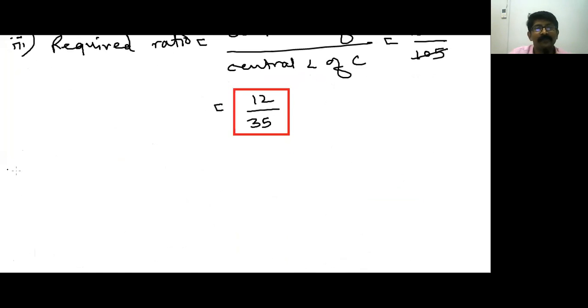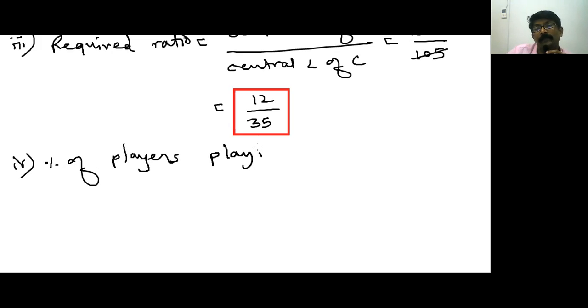So recently we've learned the chapter percentages, isn't it? So what percentage of people or players playing game B would be 192 out of 480 into 100.